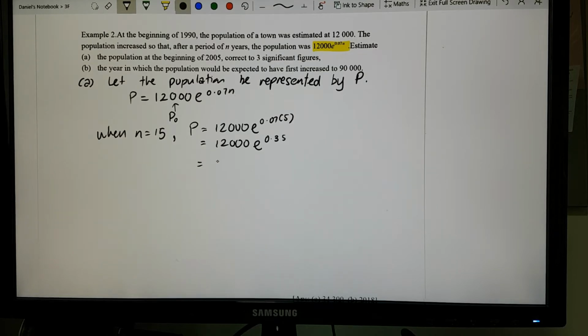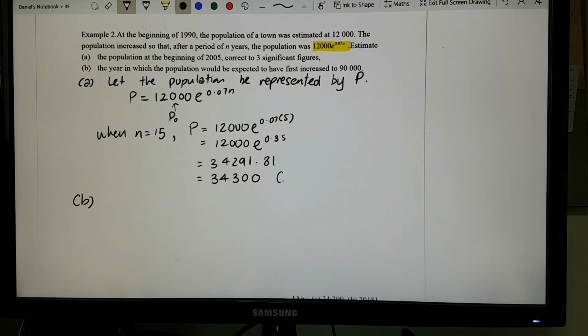You should get about 34291.81, but I don't want this. I need 3 significant figures, which is 34300. For 3 significant figures, I look at 9, so the previous number 2 I will round up.